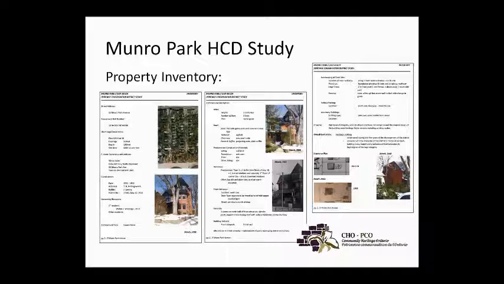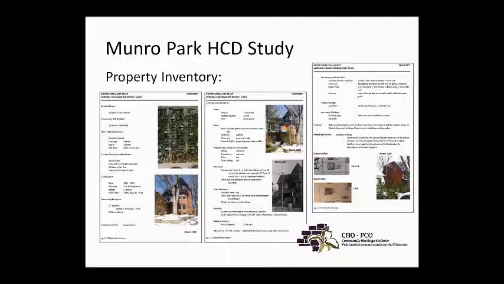The amusement park was sold off to developers, and it was subdivided, and the area was developed, as you'll see in the map on the right-hand side, over a period from about 1910 to 1924.